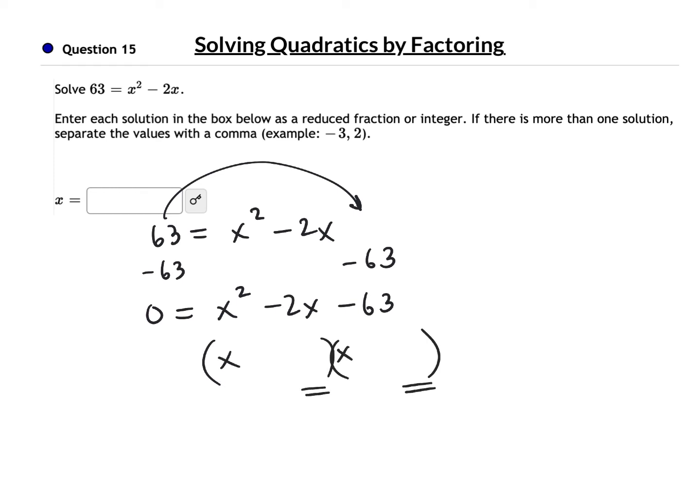This number times this number makes negative 63. It's got to be a positive and a negative. Factors of 63 that subtract to 2 are 9 and 7. Now when I place 9 and 7, I have to make them add to negative 2. That'd be negative 9 and positive 7.